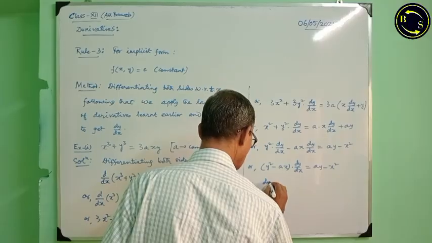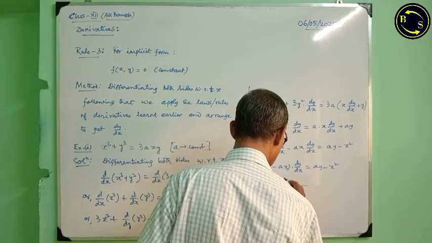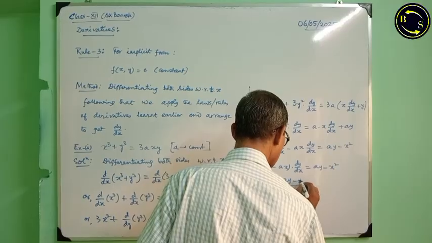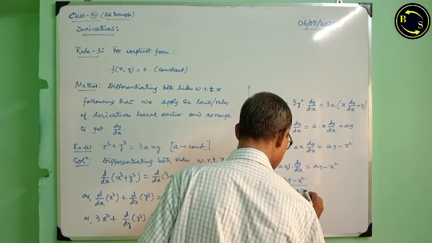Therefore, dy dx equals ay minus x square divided by y square minus ax.